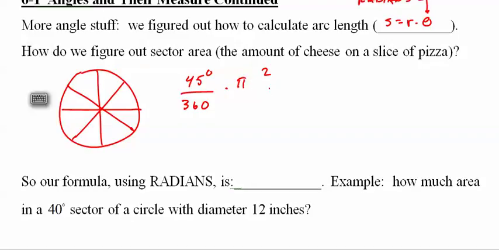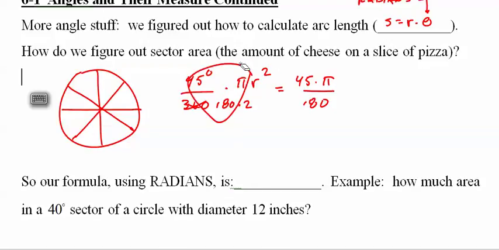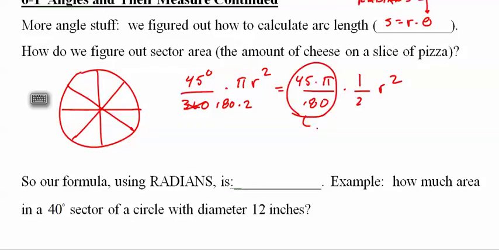Piece of cake. Well, we'd like to do things in radians, so how about 45 times pi over 180, and I've broken this into 180 times 2. So there I just did this part, times 1/2 times r squared, saying this is the angle in radians.